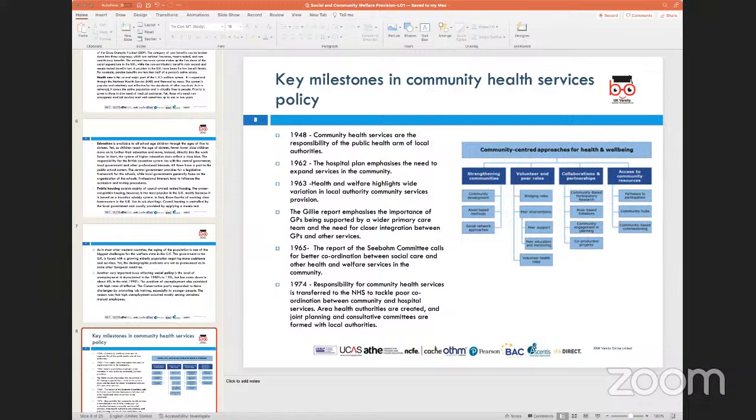And for those of you who are interested in reading what this report was and how this report was tabled, and what were the outcomes of this report and how these changed the government policies in England, can be looked at.